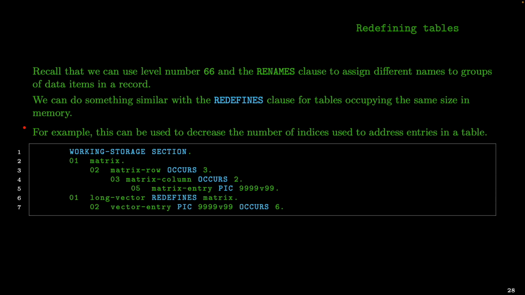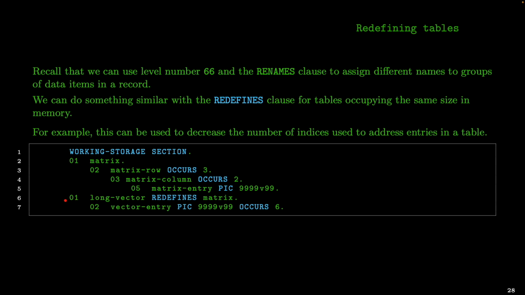Now, let's look at this example where we use redefines to decrease the number of indices to address entries in a table. So here we just have our previous matrix record, or table to be precise. So we have a 3x2 matrix with 3 rows and 2 columns.